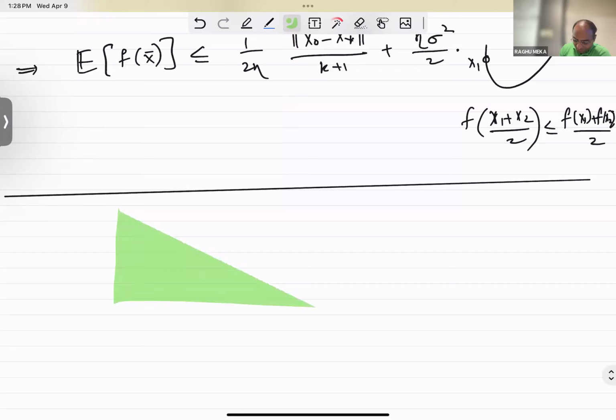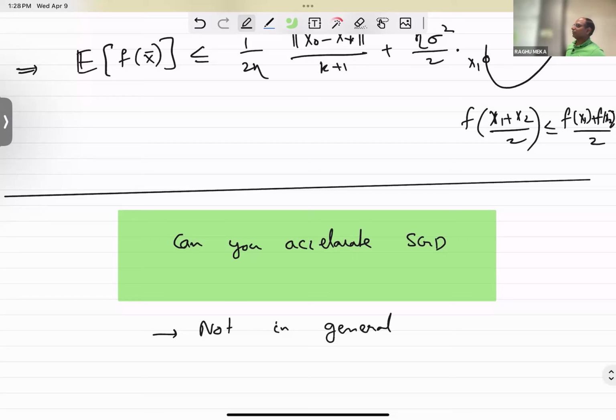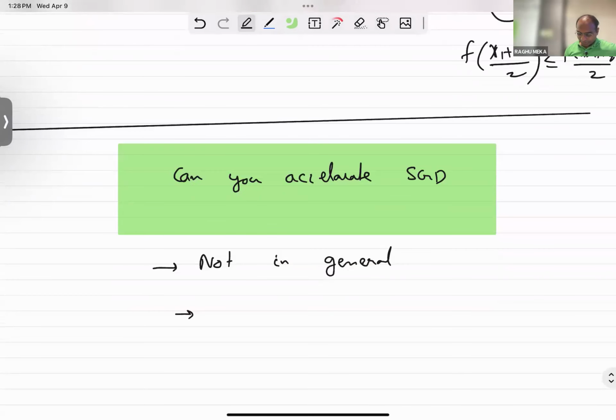All right, and the other thing that was asked before, let me say it again. Can you accelerate SGD? We cannot in full generality, but we can in some special cases, and we do that.